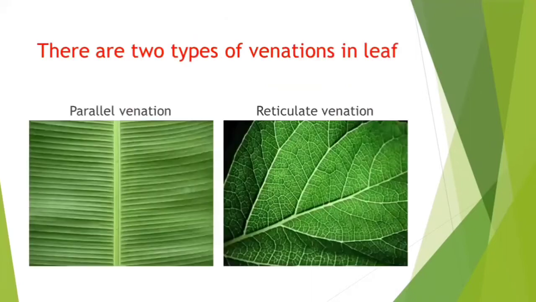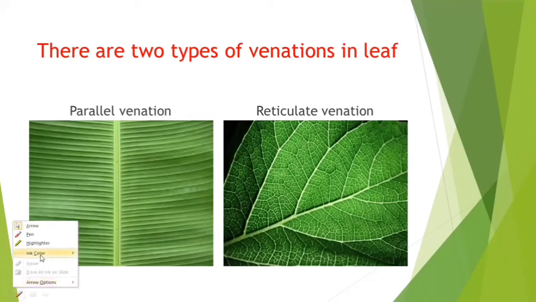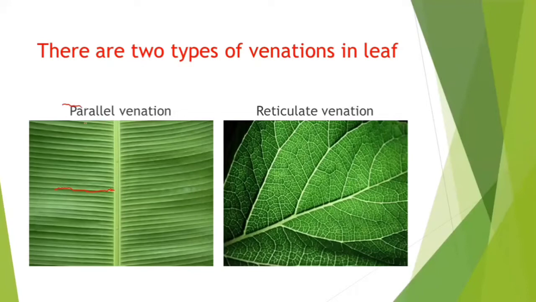Now we'll go forward. You can understand by seeing these two different pictures that I am now talking about the veins, these inner linings. There are two types of them: one is the parallel venation, this one, and one is the reticulate venation, this one.